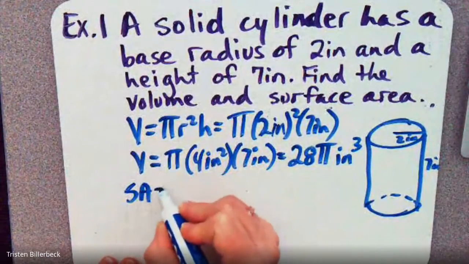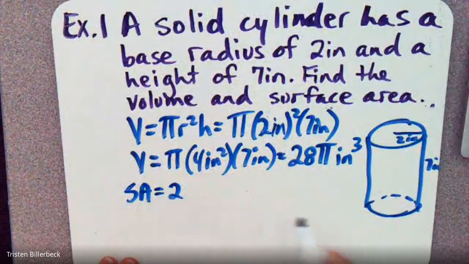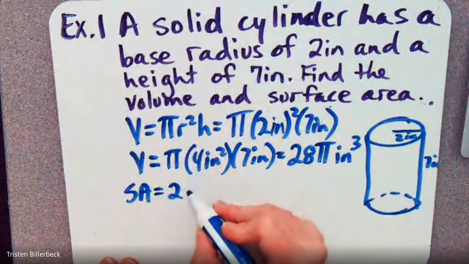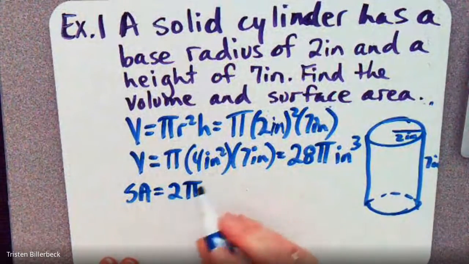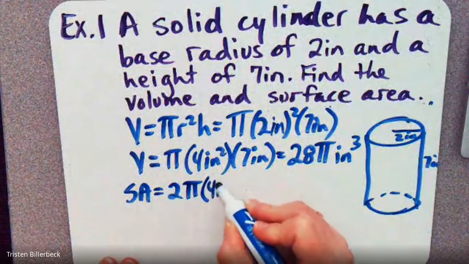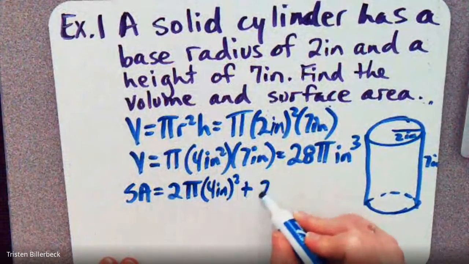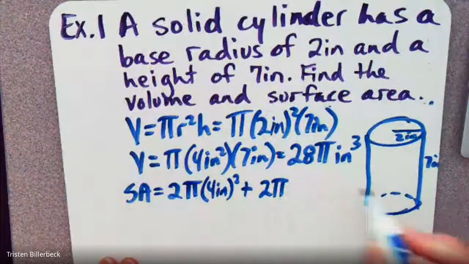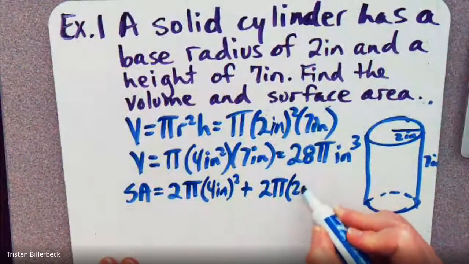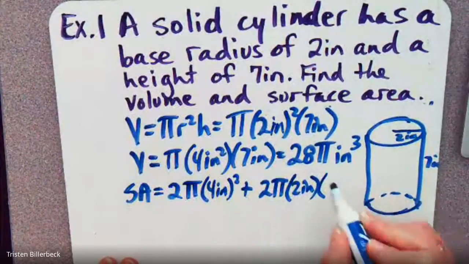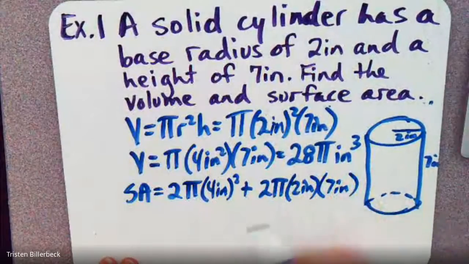For surface area, we have 2 times the base areas, so 2 times pi times 4 inches squared, plus the circumference, 2 pi r, times the height, 7 inches.